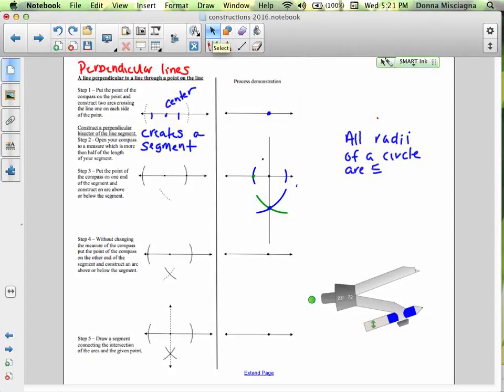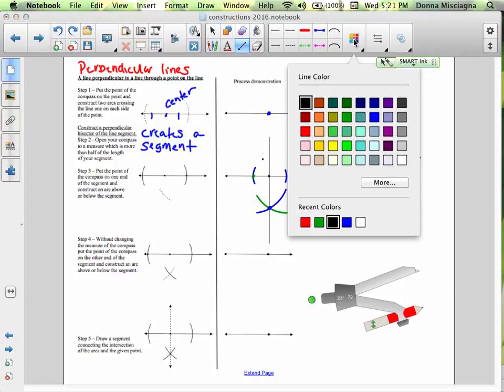So this point, I hate to draw it on that picture, so I'm going to do it on this one. This to this, that distance, I should use a line tool. Let's do that. Use a line tool. Can I change the color? I can. All right.